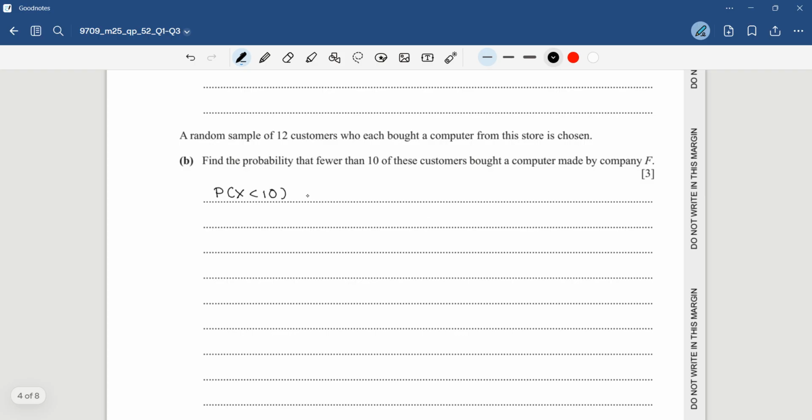In an easy way, we can make it 1 minus the probability of X at least 10. It means the total probability is always 1.